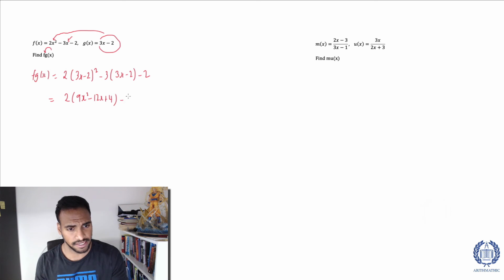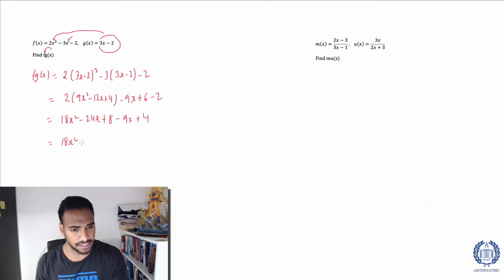And if we expand this, that gives us minus 9x plus 6 minus 2. So let's times everything by 2. That's 18x squared minus 24x plus 8 minus 9x, and then 6 minus 2 is 4. If we simplify this, 18x squared, minus 24 minus 9 is minus 33x, plus 12. That should be your fg of x.